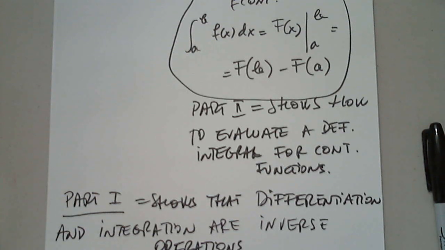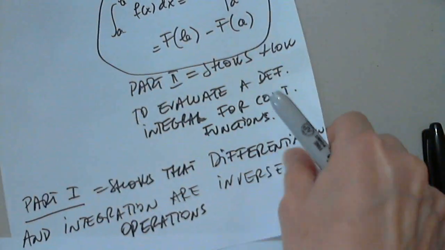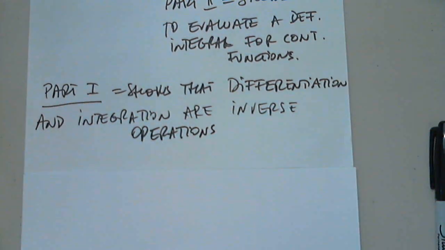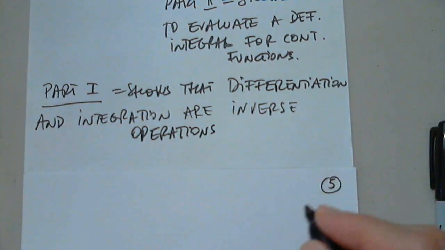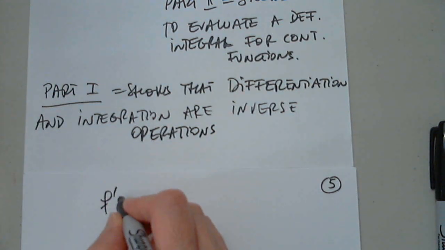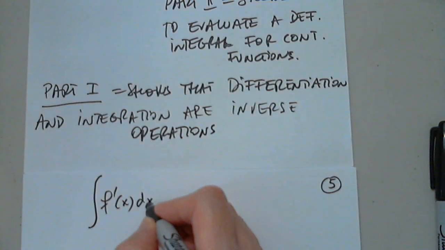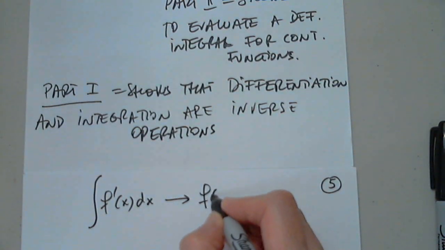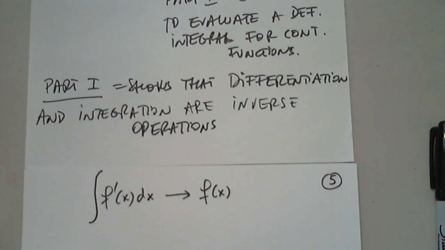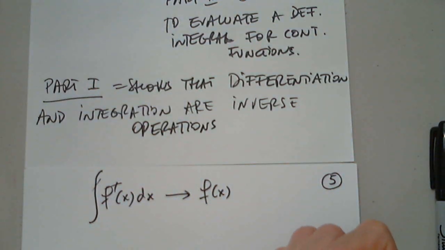What does that mean? Well, when we differentiate, let me just give you examples here. Easier to see. So if I have a derivative and I integrate the derivative, I will get the function. Because this symbol and this symbol cancel each other out.